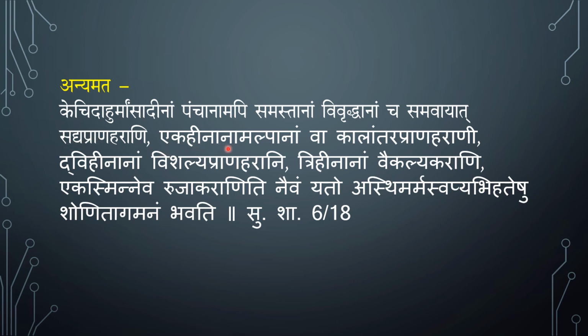If any one is absent, ekahina, among the mamsa, sira, snayu, asthi, sandhi, then it is considered kalantara pranahara. Dvihinanam, if any 2 are absent, it is known as vishalya pranahara. Trihinanam, if any 3 are absent, then it is vaikalyakara. And if only 1 is present, or 4 are absent, then it is known as rujakara marma.